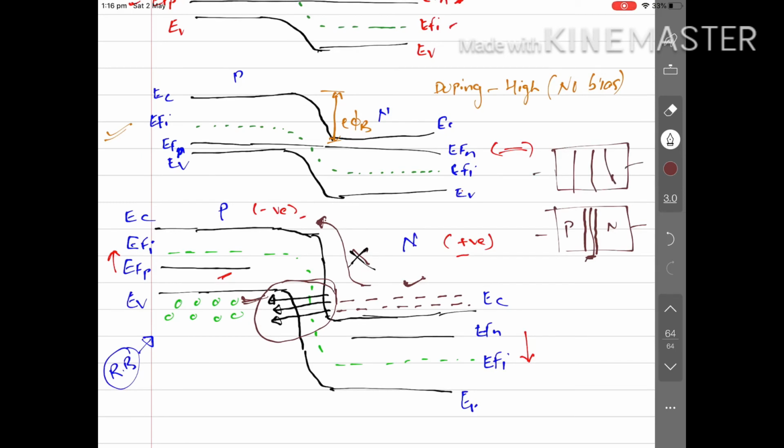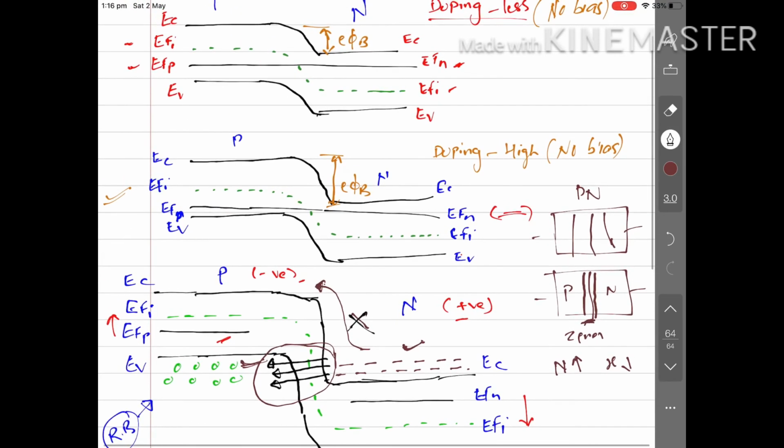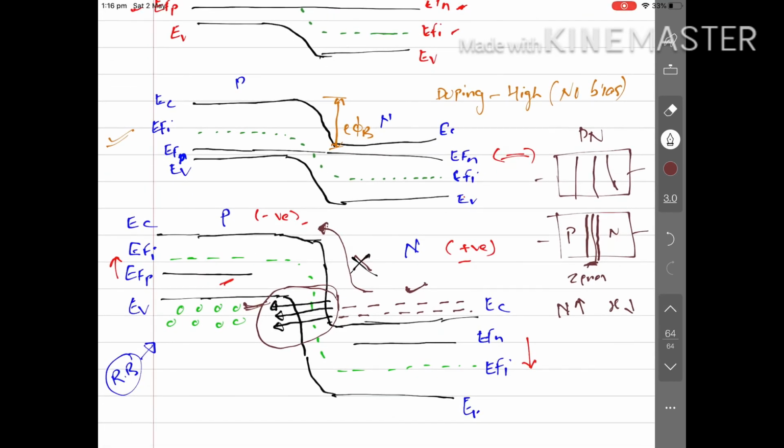This is the normal p-n junction, and this is the Zener diode. As we increase the doping, the depletion width reduces, right, but the built-in potential, which is phi b, increases. This is the common relationship that we need to understand. So here you can see that as we increase the doping, the built-in potential, which is the height, increases.